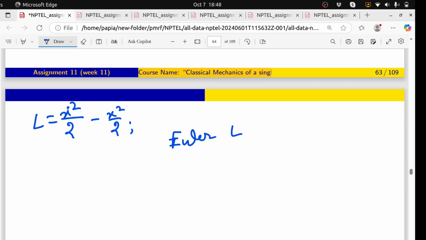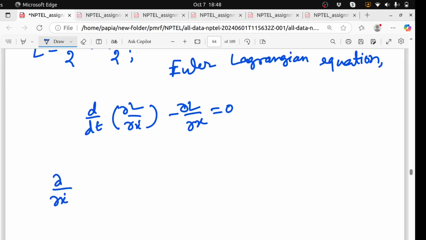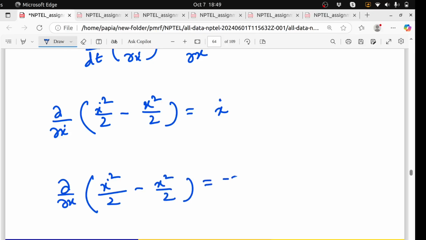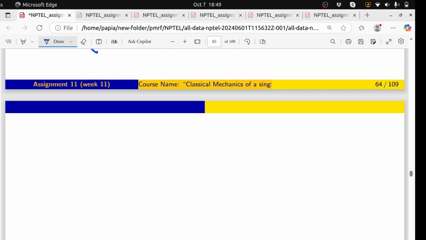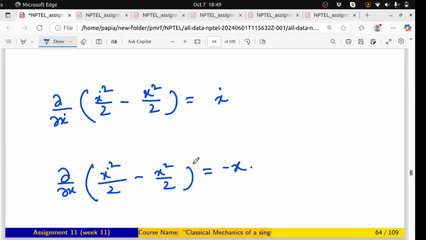Now Euler-Lagrange equation told me d/dt of ∂L/∂x dot minus ∂L/∂x equals 0. Right? So because it is minus 6, right?